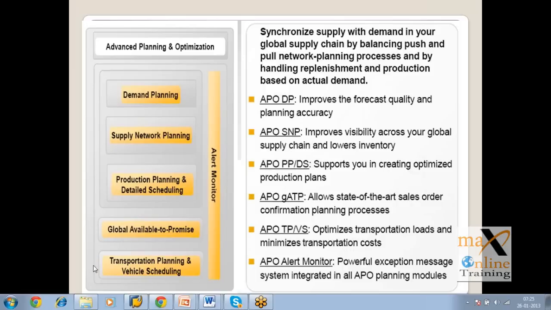Anyway, these two do not have demand, so we can leave them. That is the reason we are giving training on the combination, so that you will get a chance to work as a DP consultant or SNP consultant. By showing these two combinations in your resume, you will have an additional advantage compared to others.